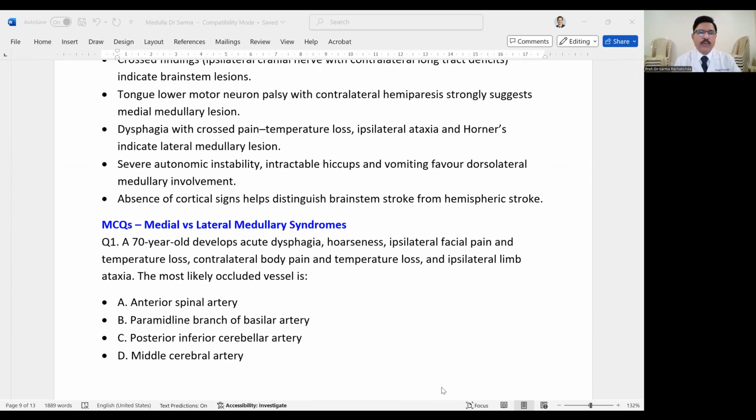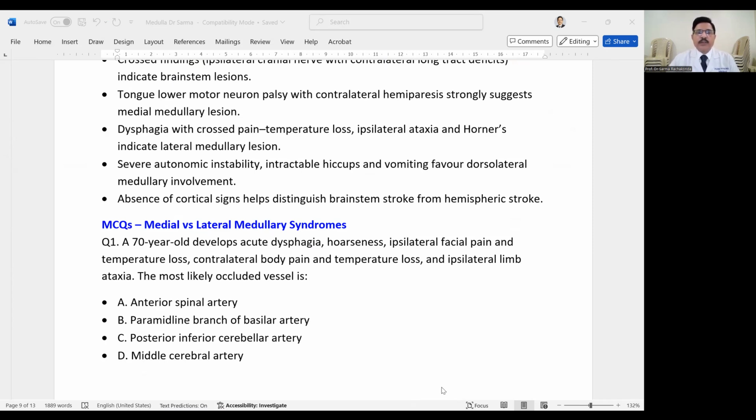Lateral medullary syndrome. Okay, acute dysphagia, hoarseness, ipsilateral facial pain and temperature loss, contralateral body temperature and pain loss, ipsilateral limb ataxia. What are the structures involved? First one, acute dysphagia and hoarseness, because of what?